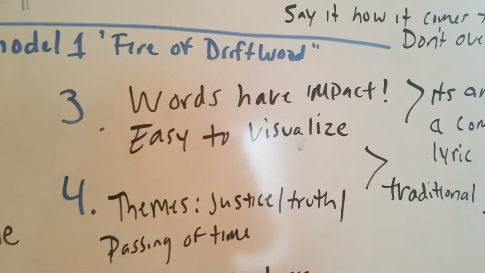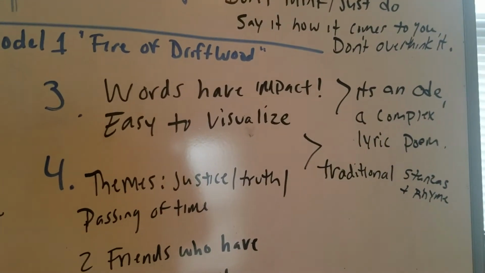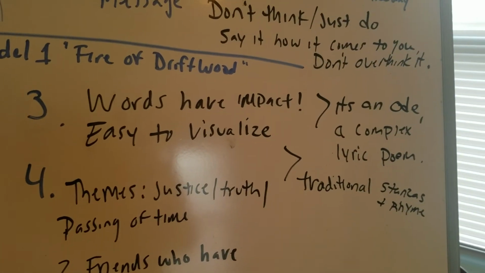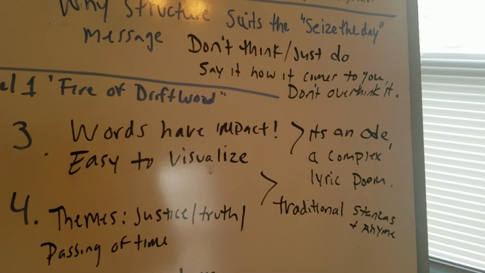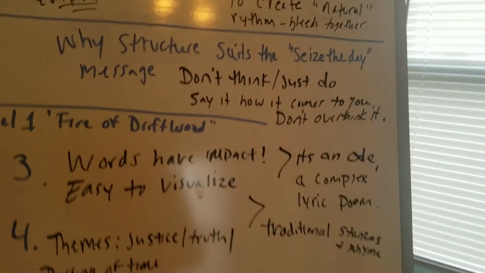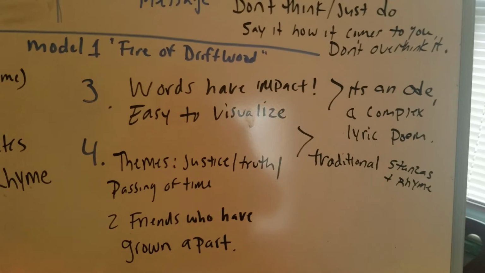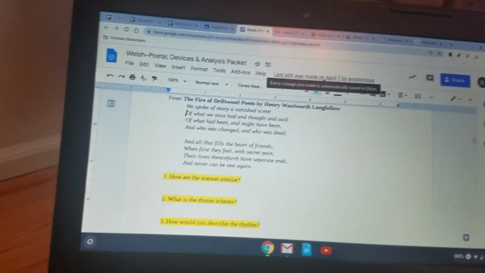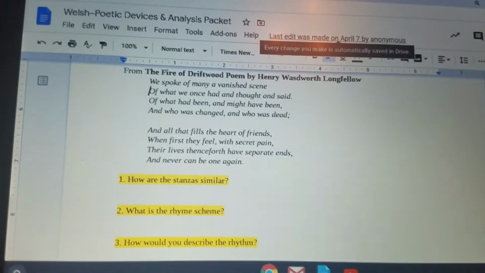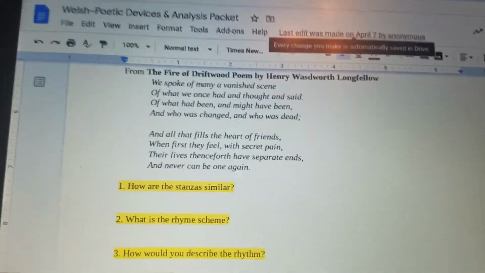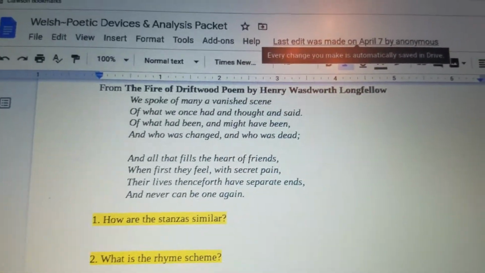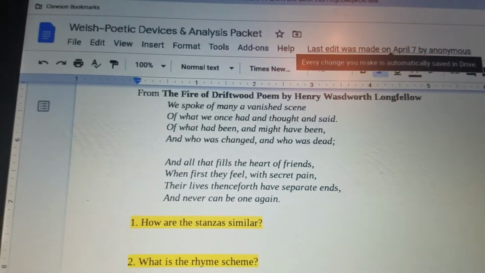And then the last question, we kind of touched upon this already. The different ideas expressed in the two stanzas. So let me go back to the poem. Again, the theme is justice and truth and the passage of time and friends who've grown apart. So both stanzas are reminiscing. The first one is, I would say, a little bit lighter, they're talking about what might have been, what could have been.